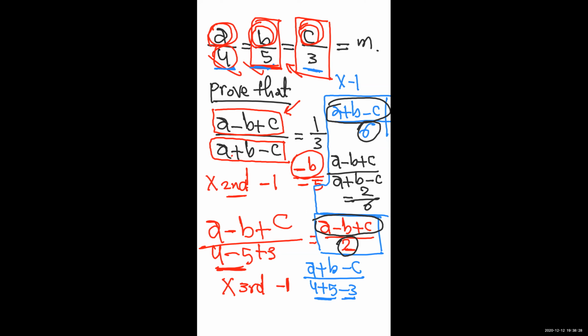Simplify it, it will equal 1 over 3. So check the result now: A minus B plus C over A plus B minus C equals 1 over 3. Yes, we wanted to prove that it equals 1 over 3.